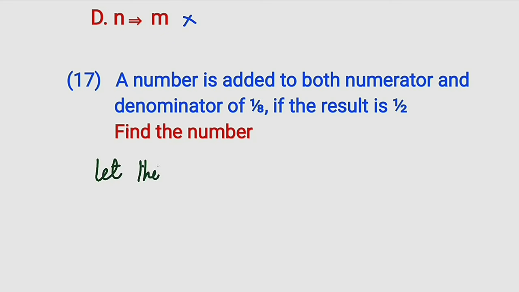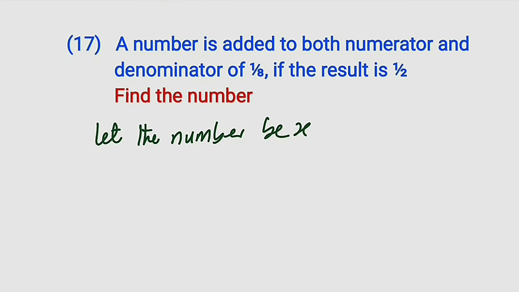Let the number be x. So we are going to add x to both numerator and denominator of the fraction 1 over 8. So we have 1 plus x divided by 8 plus x. So we are adding the same value to both numerator and denominator, and the result is 1 divided by 2.